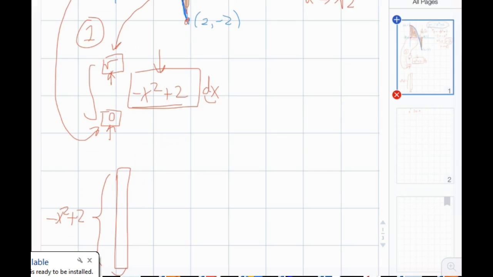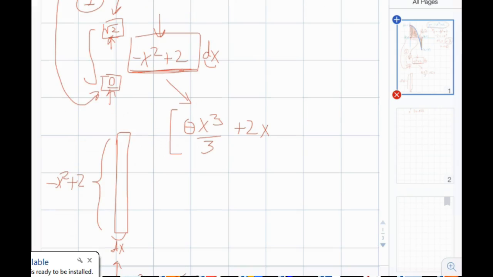The integral of x squared is x cubed over 3. The negative simply follows it down here. The integral of plus 2 is plus 2x. What's the notation we're going to use here to show that we have taken the integral, but we have not evaluated the limits yet? What we do is we put the integrated expression inside brackets.